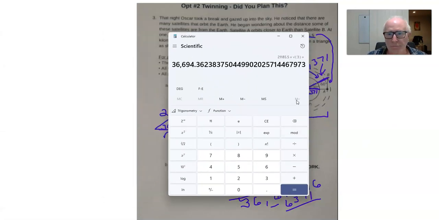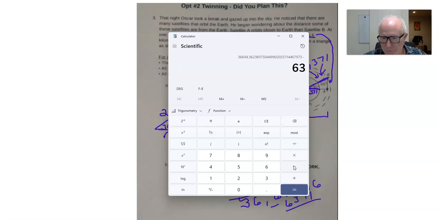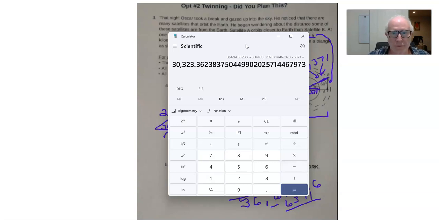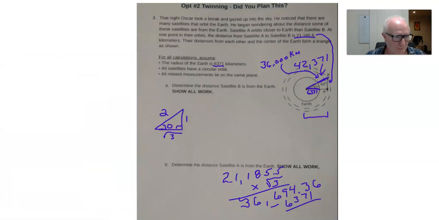So when we take that 36,694 and then subtract 6371, we're left with 30,323 point something, 30,323.36 kilometers. And so that's the distance from the Earth to satellite A.